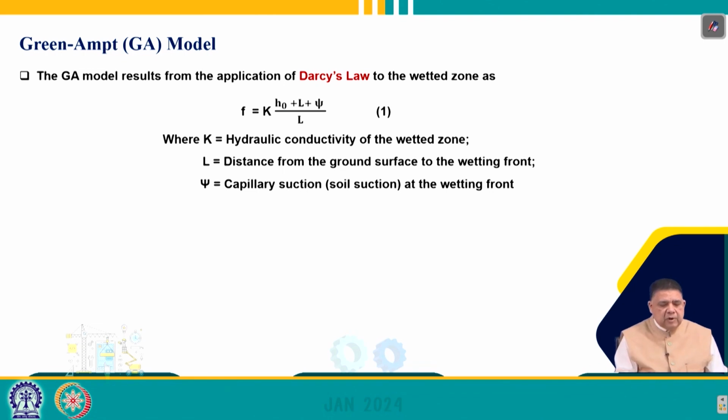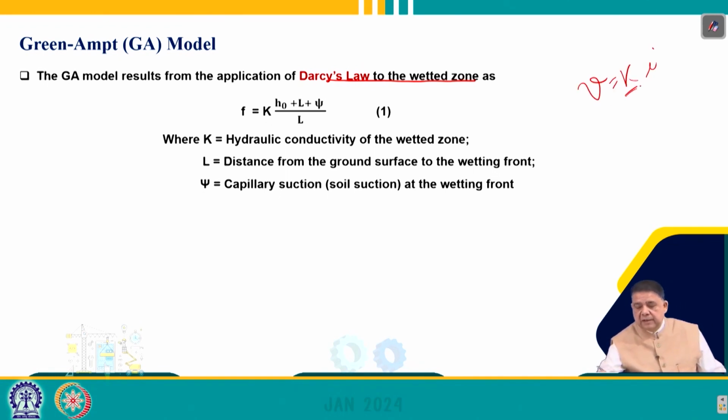Now, the GA model results from the application of Darcy's law to the wetted zone, and Darcy's law, you know, V equals K i, where K is the hydraulic conductivity and i is the hydraulic gradient, and of course, same thing is here. F is infiltration rate, K is the hydraulic conductivity of the wetted zone, and this i is the hydraulic gradient, that is the head causing the flow and the flow length.